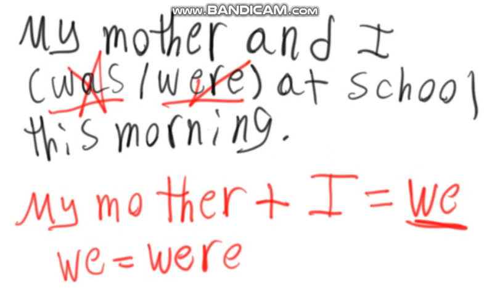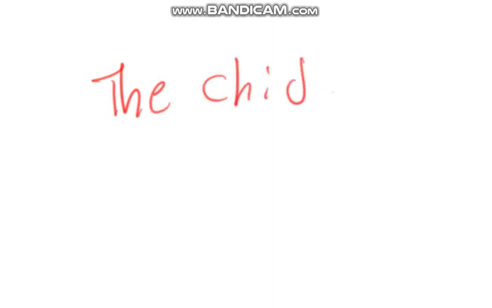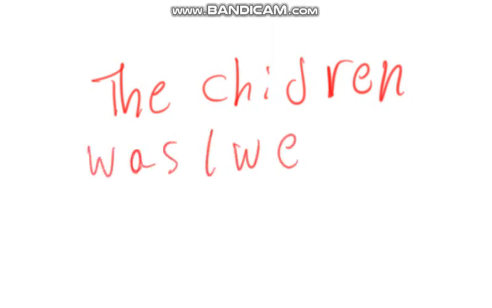So if you answered this question correct, get 1 point, and if you answered the one before it correct, you also get 1 point. Now for the last and final question, the children was or were. I'm not gonna complete this.